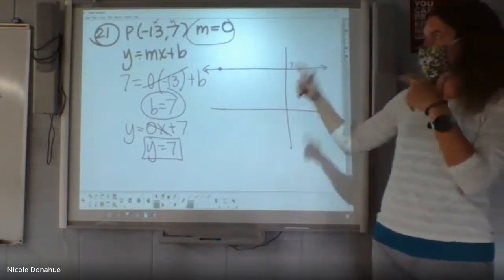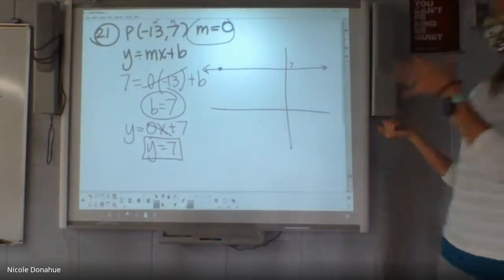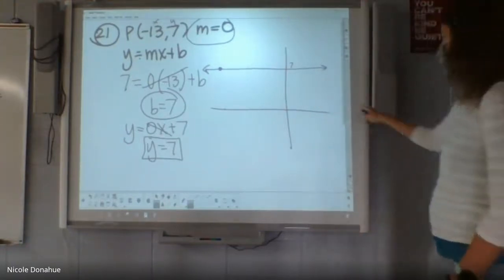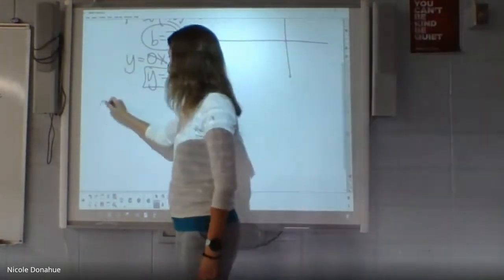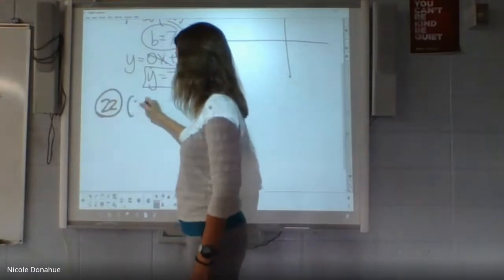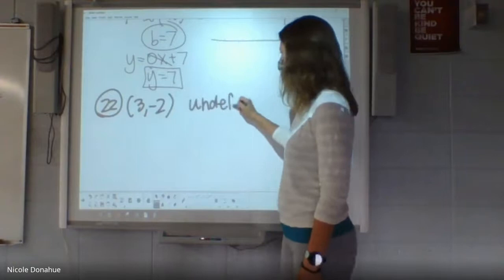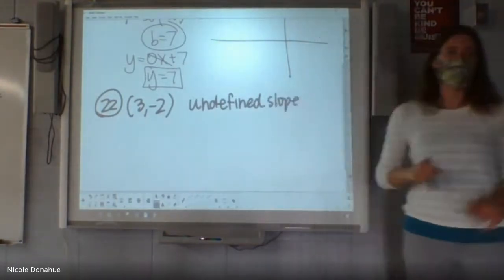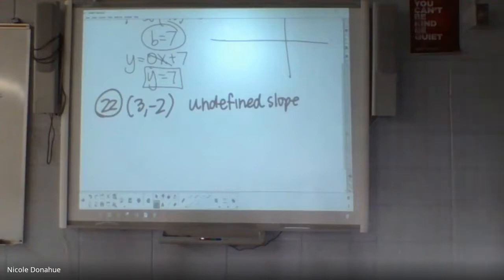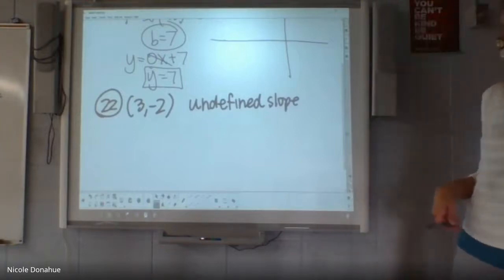So I guess the reason why I want to talk about 21, as I was thinking it was more difficult than it is, that leads us into 22. So 22 then gives us a coordinate point of 3, negative 2, and an undefined slope. Now that is not a slope of 0. Undefined is not 0. Yeah, so I just saw Bella do it. Undefined, remember, is swear word, like we're sliding off the side of the building.